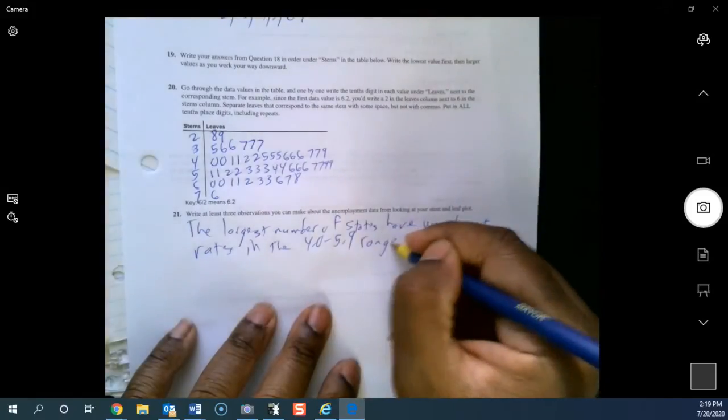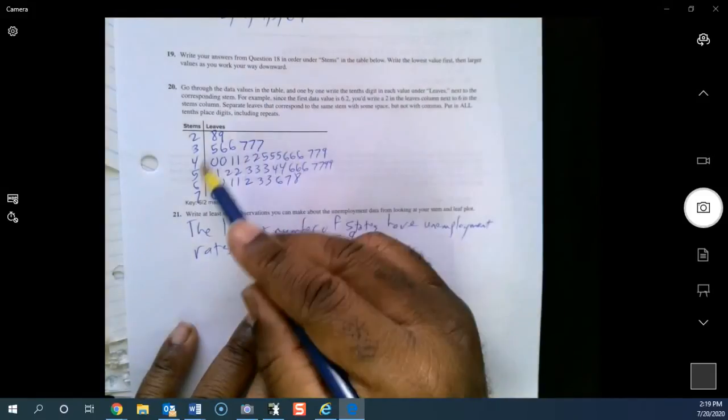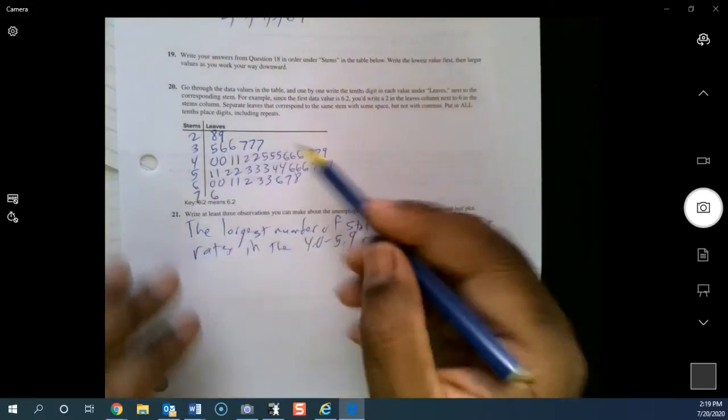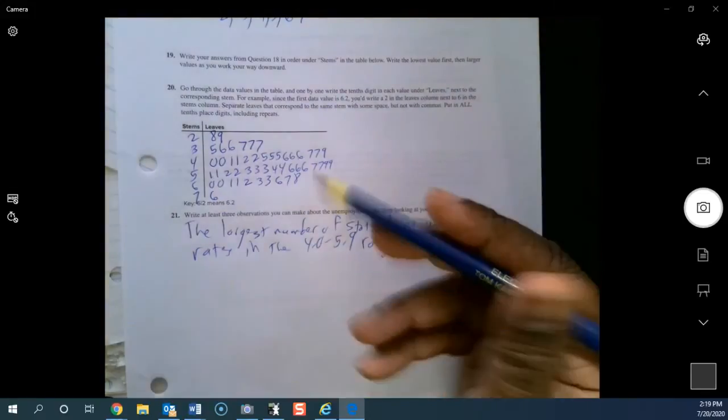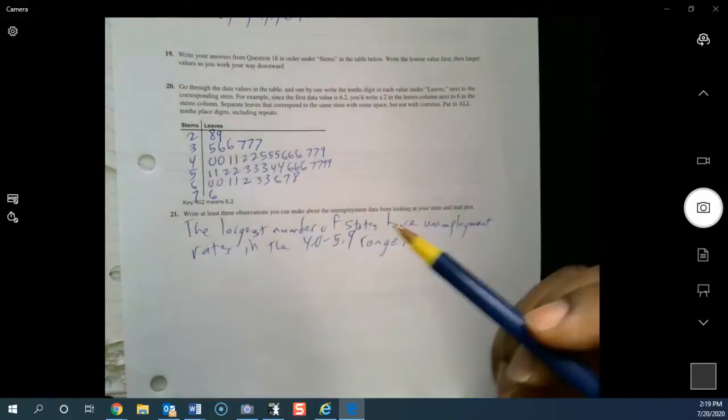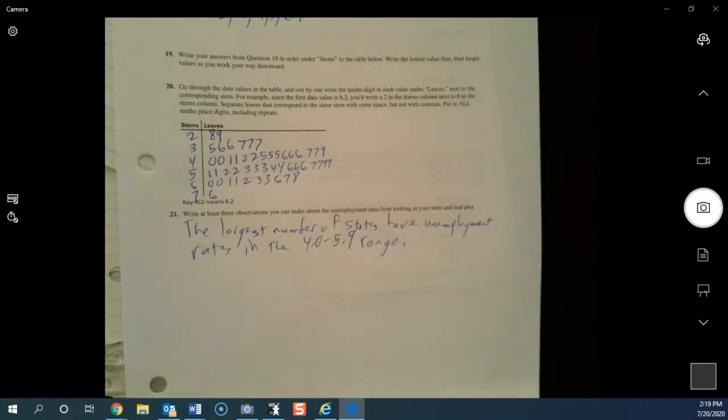What happened was they combined both of these stems. When you combine both of these, they have much larger values than all the rest. So from 4.0 to 5.9, the largest number of states have that as their unemployment rate.